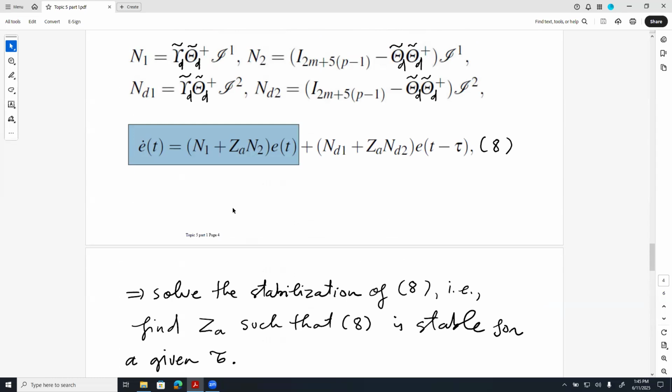if we can find stabilization, which is basically we require the pair N1 and N2 to be detectable. When it's detectable, it means the eigenvalue is stable. But if it is observable, that means we can always find a matrix ZA to place the poles, or the eigenvalues, of that matrix anywhere on the S-plane.